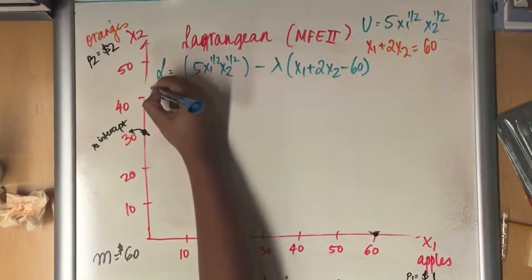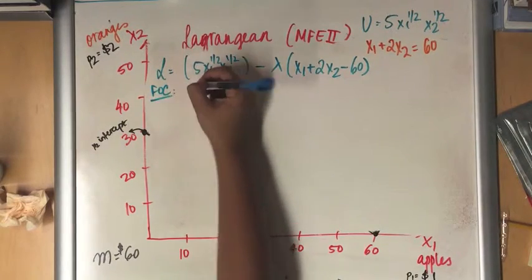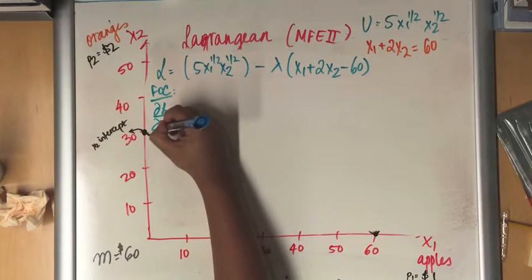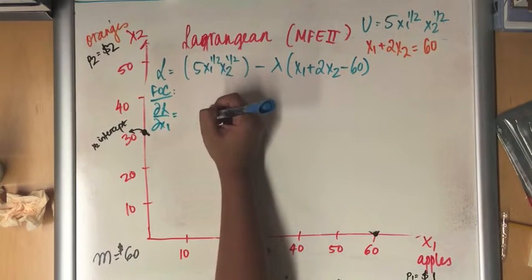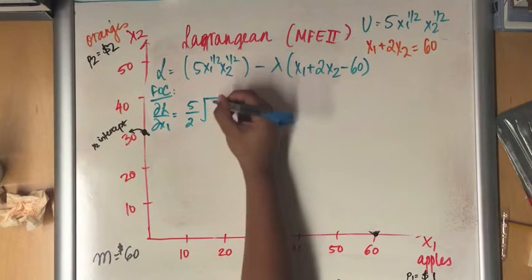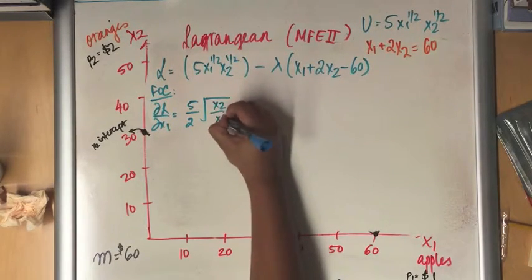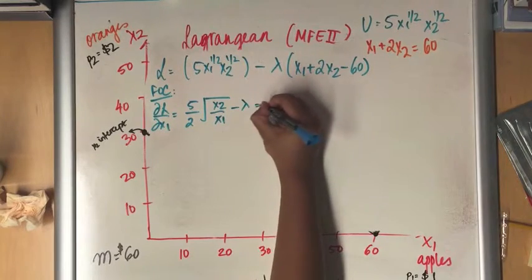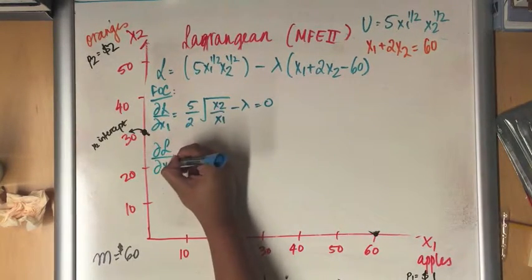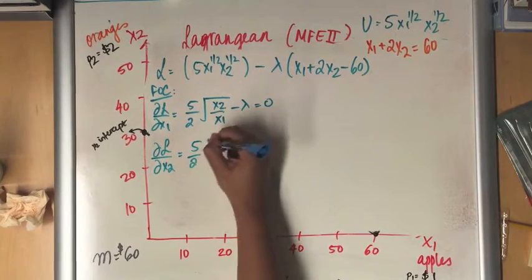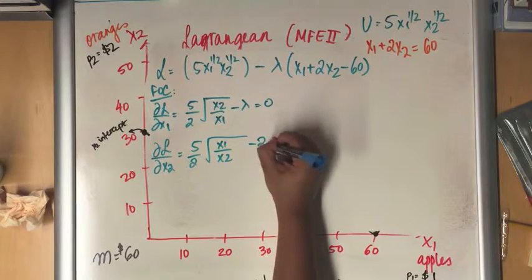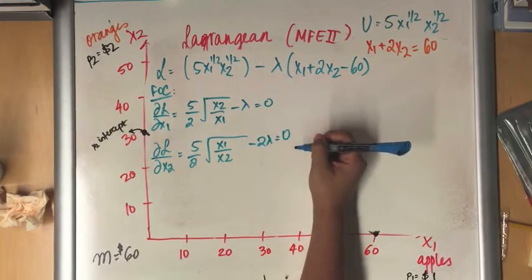And now we need to take the first order conditions and set them equal to 0. So dL over dx1, by the first order condition, is 5 over 2 root x2 over x1 minus lambda equals 0. dL over dx2 is 5 over 2 root x1 over x2 minus 2 lambda equals 0.